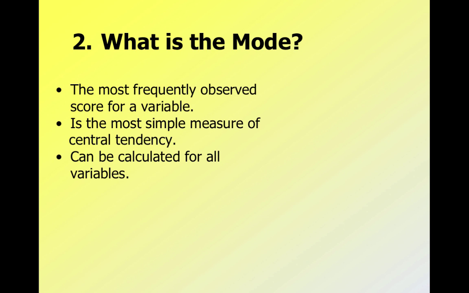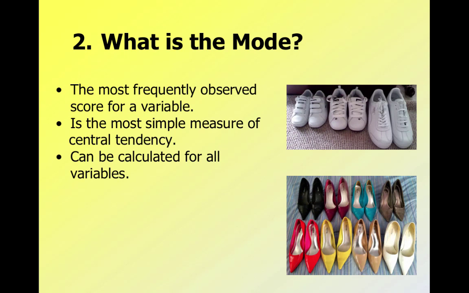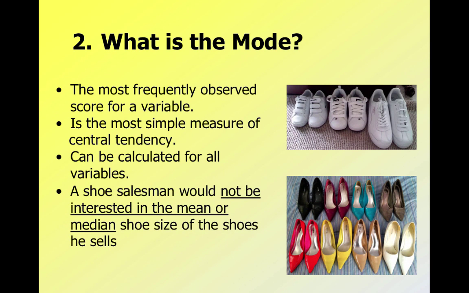Okay, so let's say you're a shoe salesman. It wouldn't make sense, and you wouldn't be interested in knowing the average shoe size or the middle observation shoe size of the shoes he sells. He'd want to know what is the most common one, right? Which shoe size, a 6 in these pumps, sells the most. So I want to make sure that I get a size 6 and I order those more and more.